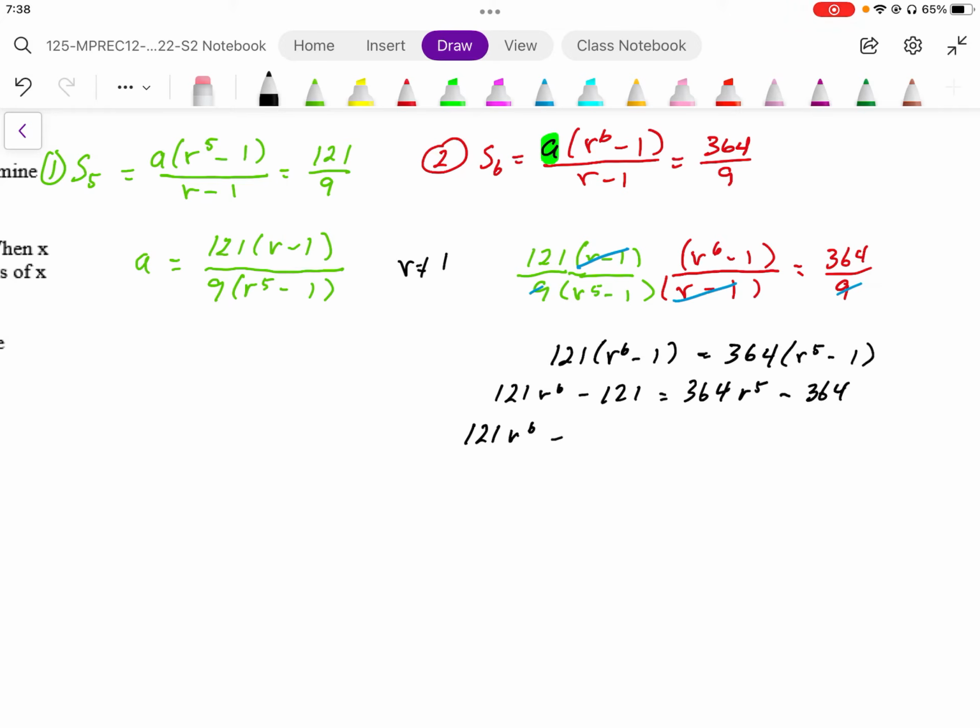Noticing that this polynomial equation is a degree 6 equation, and we can't really simplify it somehow, we're going to solve this by graphing. So I'm just going to add 364 to both sides. I get positive 243, and that's equal to 0. So there's my polynomial equation.